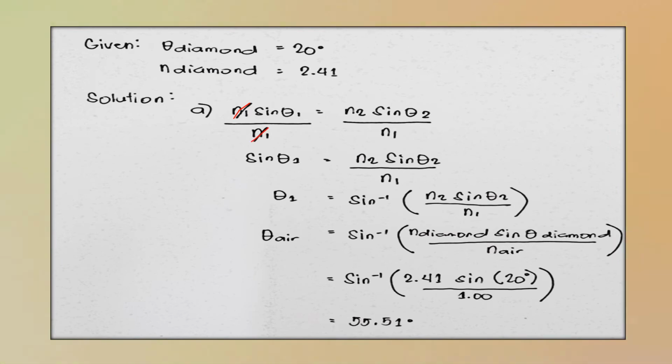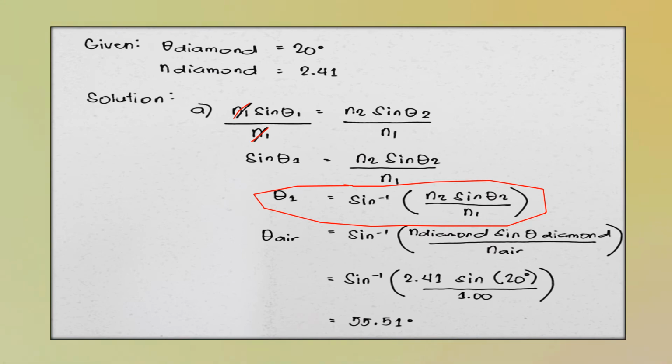After getting the value of the sine theta 1, we have to get the inverse sine of n2 sine theta 2 divided by n1. So our formula in getting the refracted angle is sine negative 1 multiplied by n2 sine theta 2 divided by n1.